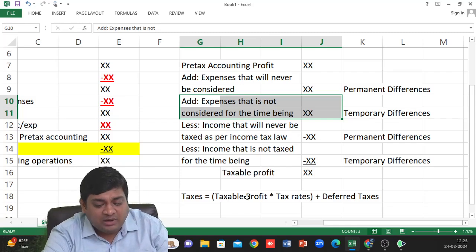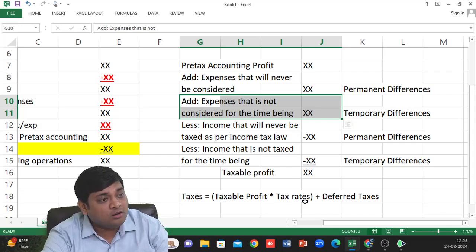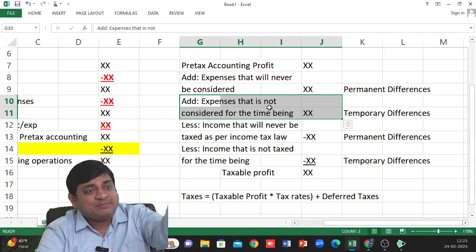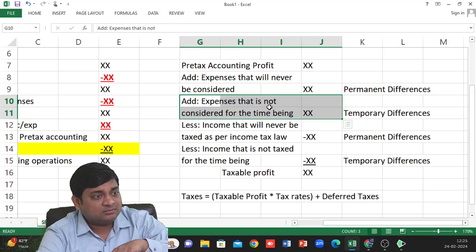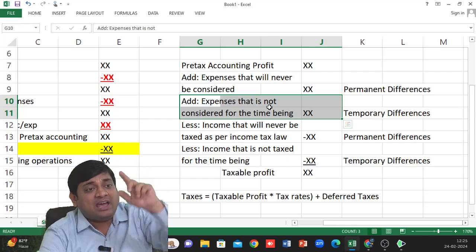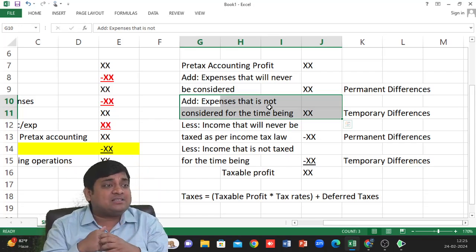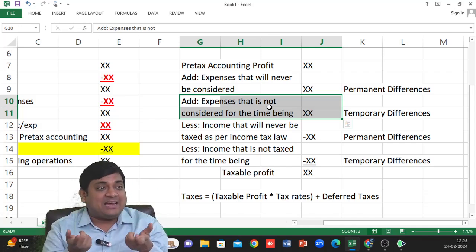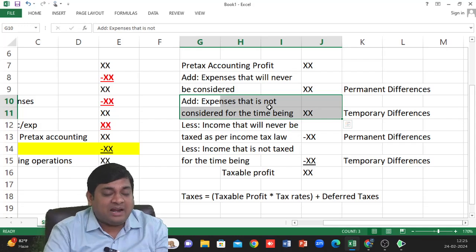So as a result, today I am paying more. In future, when this expense will be considered, in that particular year, I will pay less tax. It is a saving. So it's a deferred tax asset. I will subtract it from here.